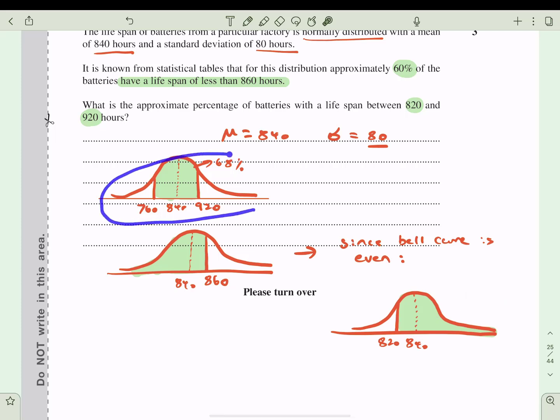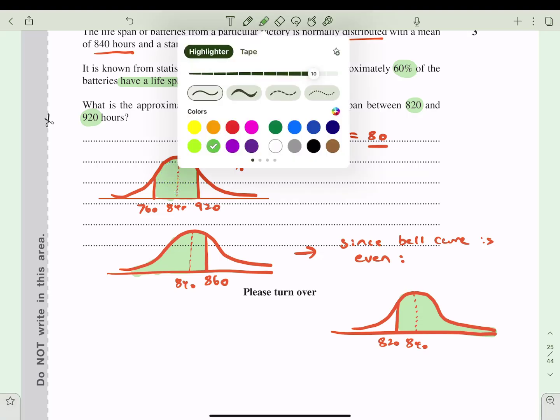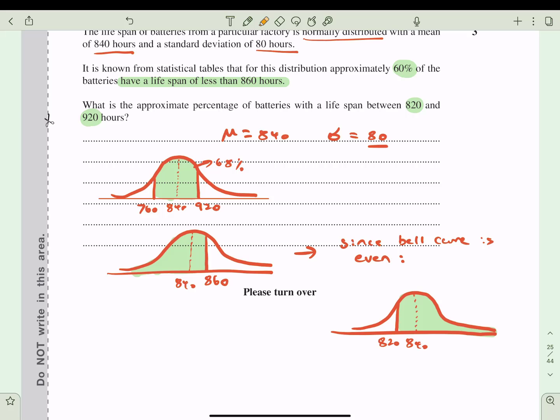And going back to my original empirical rule, since this middle chunk is 68%, then that means this side chunk here, which I'm going to highlight in orange, is going to equal 100 minus 68 divided by 2. I need to divide by 2 because I need to split it evenly with this side.